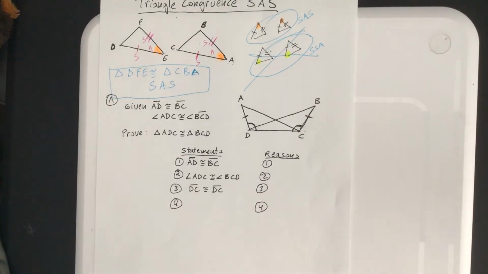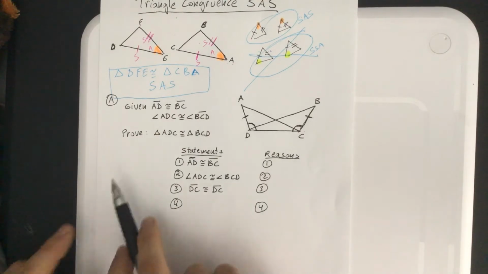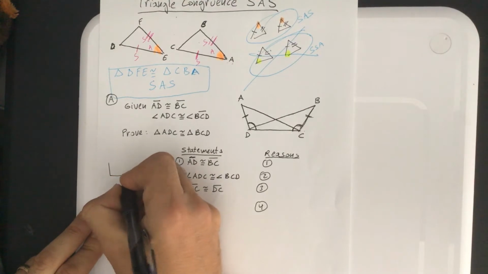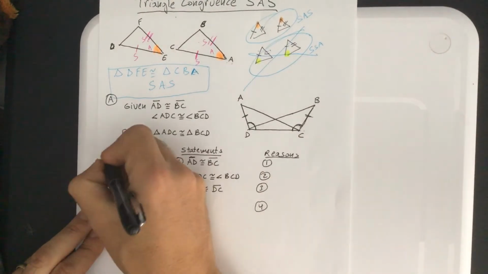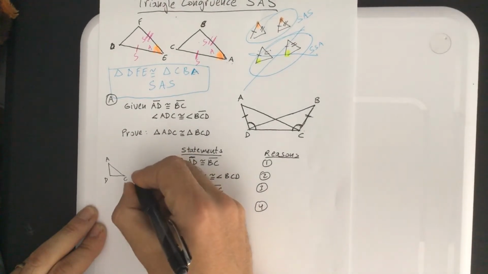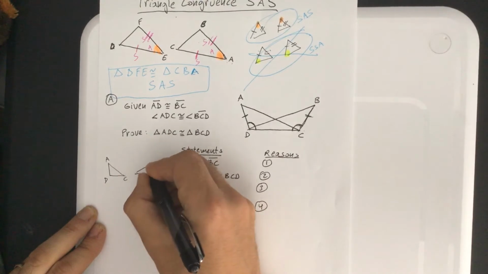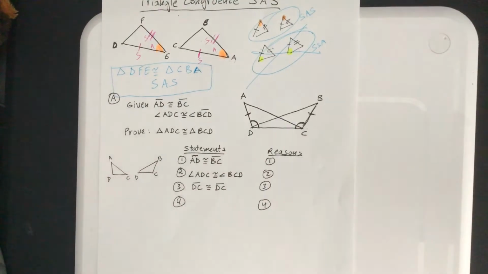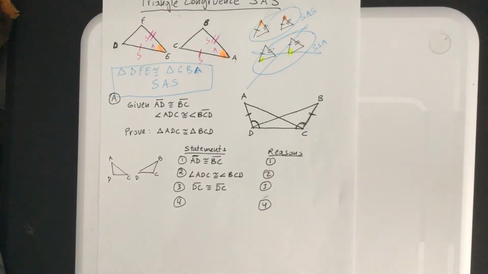Now, when you have two triangles like this together, it's gonna be difficult to see what is the angle, what is the side? So probably the best way you can do this is by dissecting the picture, separate the triangles. So I'm gonna separate them over here so we can see it better. So let me separate this triangle here. That will be A, D, and C. Let me separate this one over here like that, and that will be B, C, D. So now it's better for me to see what's going on.